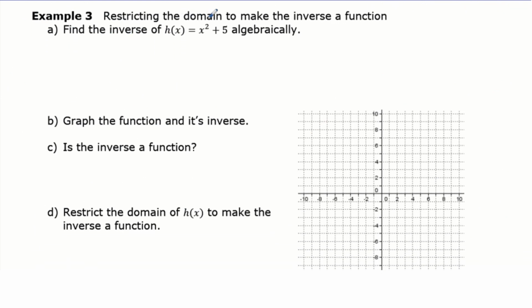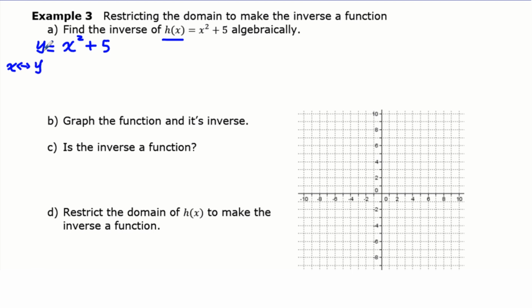Restricting the domain to make the inverse of a function. It asks us to find the inverse of h of x equals x squared plus 5 algebraically. So we switch h of x with y equals x squared plus 5. After we have the xy notation, we switch x and y.